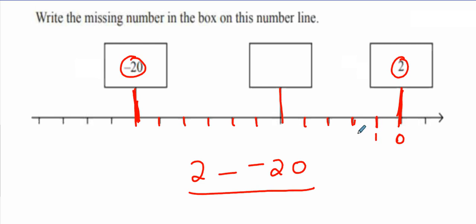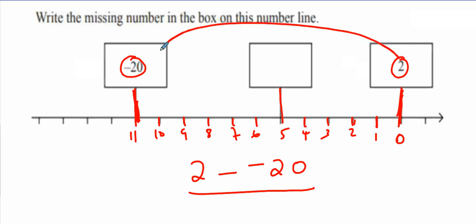Then this will be 1, 2, 3, 4, 5, 6, 7, 8, 9, 10, 11. That means from 2 to negative 20, we have 11 units. Now you do 2 minus negative 20 divided by 11.